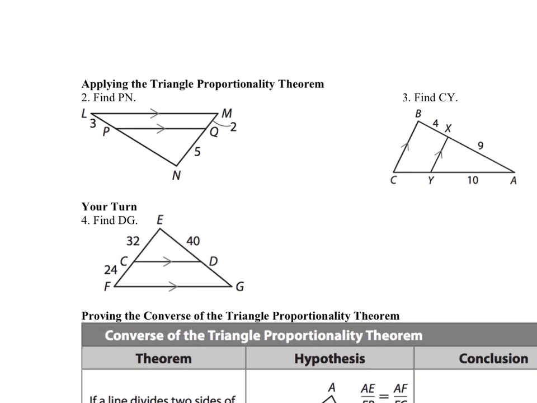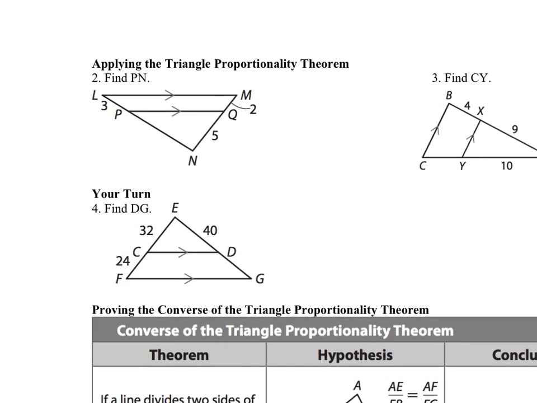All right, so let's put this into practice. So as we look at number 2, we want to find PN. I'm going to call that X. Then our line intersecting our triangle is PQ. So if I look at that, I'm going to write X is to 3 as 5 is to 2.